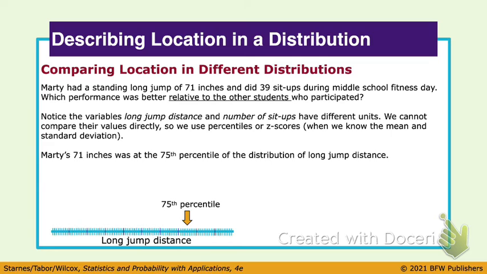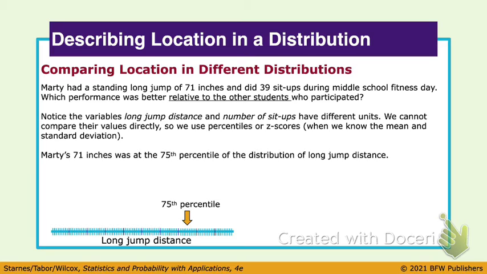If we look at this, we can find that Marty's 71 inches on the long jump was at the 75th percentile. Obviously, I would have to know some other information in order to have calculated that, but they're just telling us that his 71 inches was at the 75th percentile. So that means Marty did better than 75% of the other kids on the long jump. And then it tells us that his 39 was at the 50th percentile for the distribution of sit-ups.